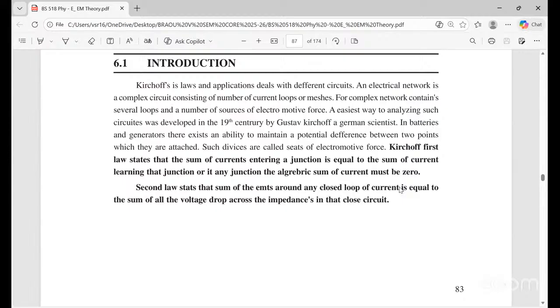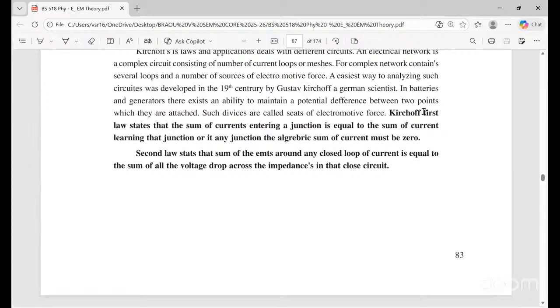Z equals V by I, voltage per current, which is the impedance. So the summation of E equals IR, that is KVL. In place of V, we write the EMF, E.